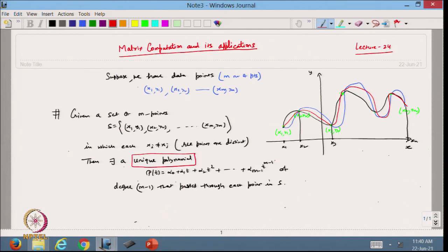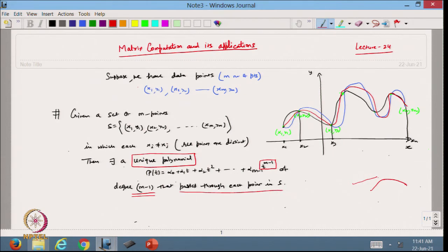So, it shows that first, we are going to have a unique polynomial, and its degree will always be m minus 1. Suppose we have 2 points, then we can have a line passing through them, so it is of degree 1. When we have 3 points, say 1, 2, 3, we can have a quadratic polynomial from this. So, with 3 points it is only a quadratic. With m points, we are going to have a unique polynomial of degree m minus 1 passing through all points.